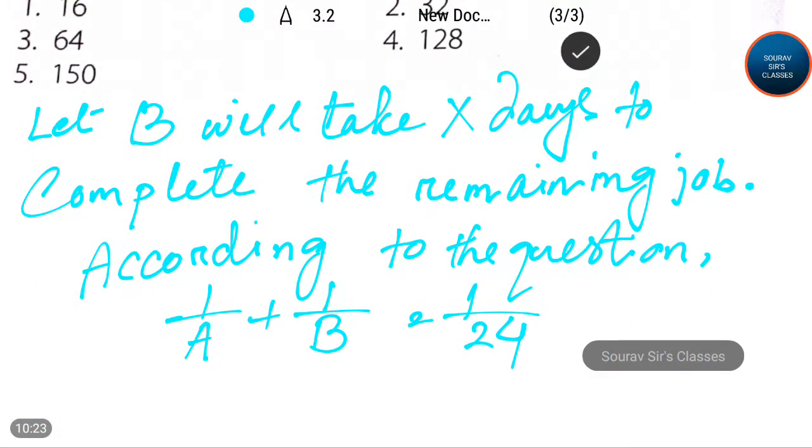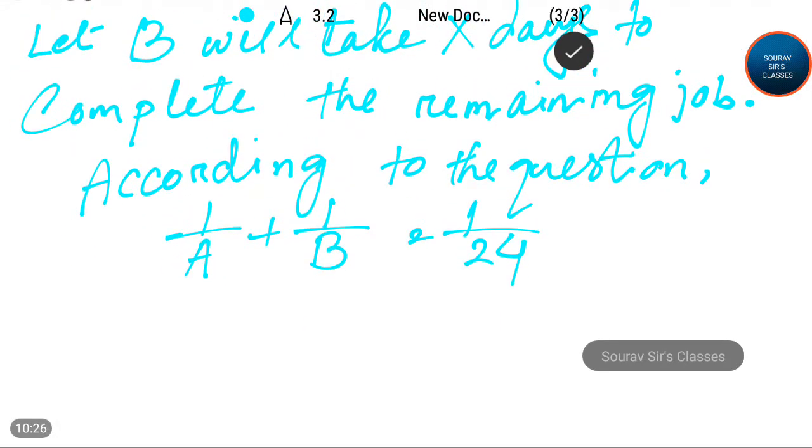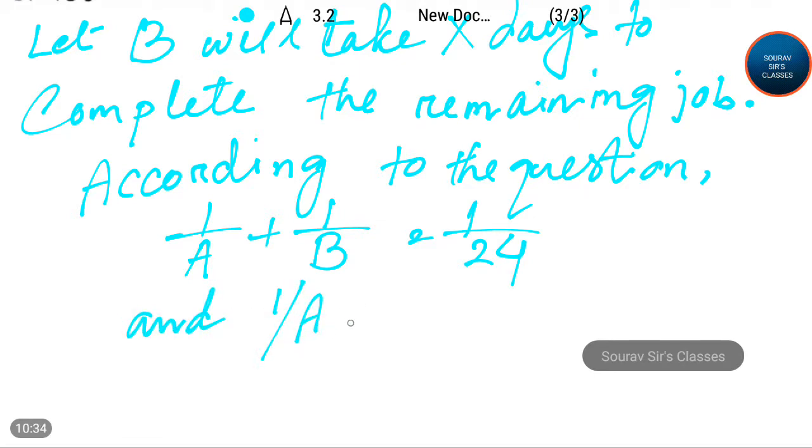So 1 by A plus 1 by B is equals to 1 by 24, and A alone can complete the work in 32 days. So 1 by A is equals to 1 by 32.